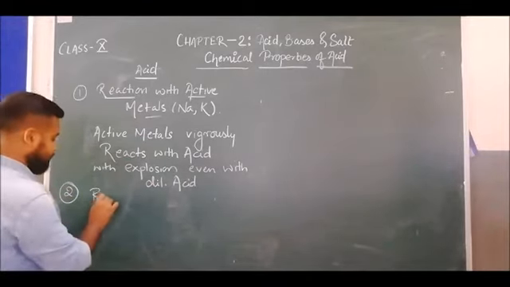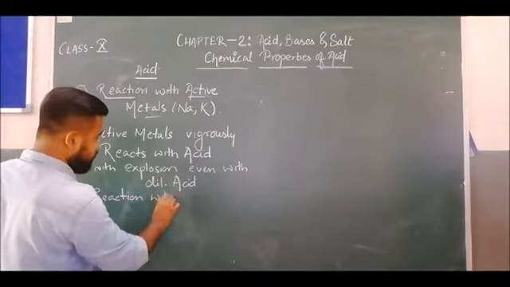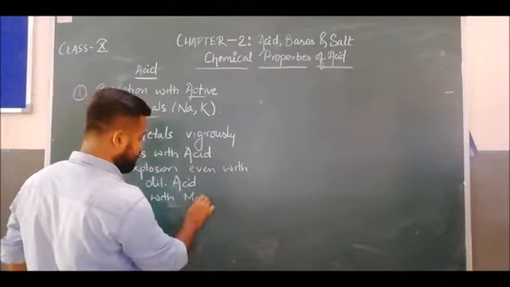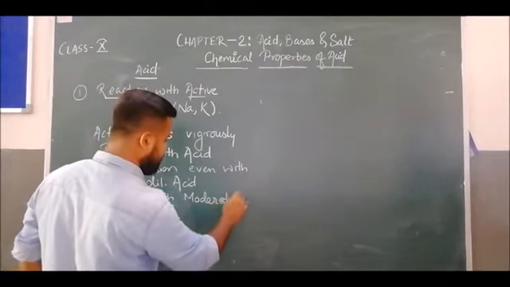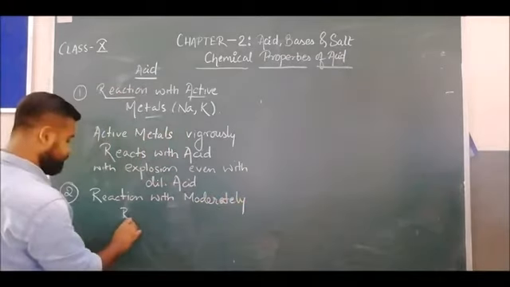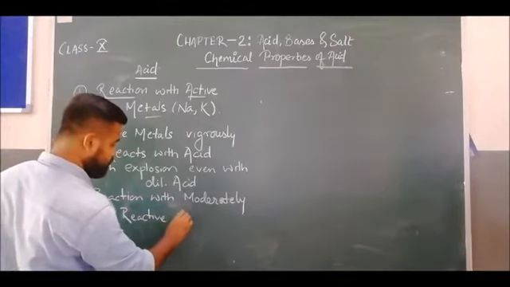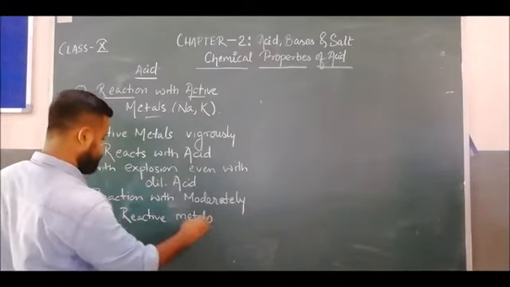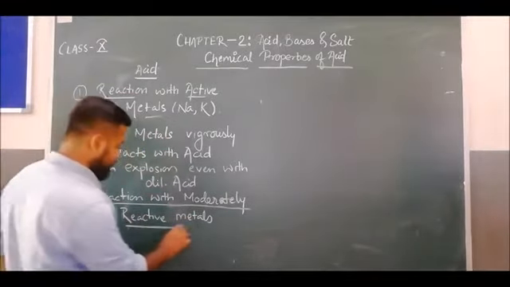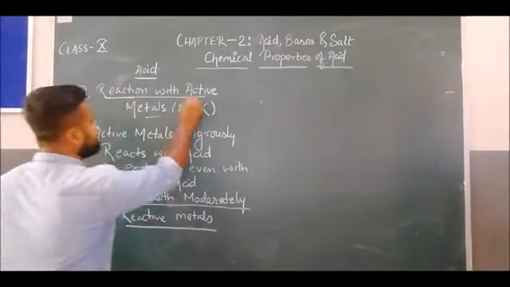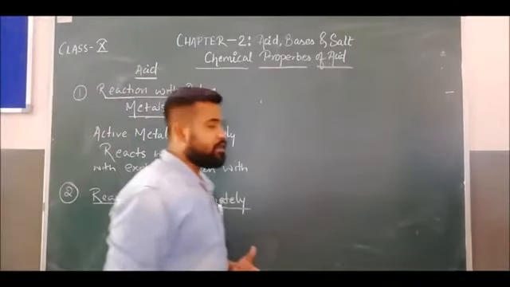Number 2, reaction with moderately reactive metals. The second property is the reaction with moderately reactive metals. The first was the reaction with active metals, and this is the reaction with moderately reactive metals.